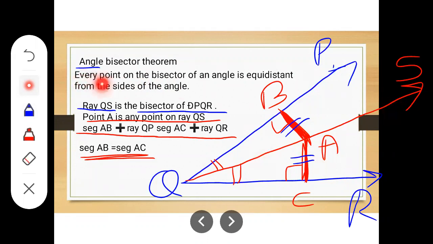So every point on the bisector of an angle is equidistant from the sides of the angle, and those are the sides of the angle. That is the angle bisector theorem.